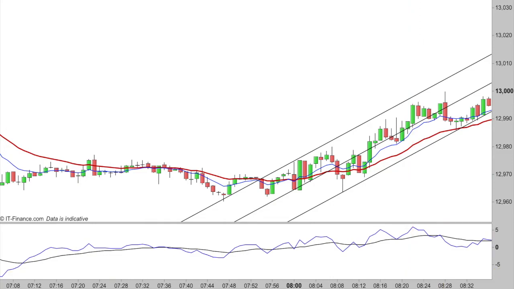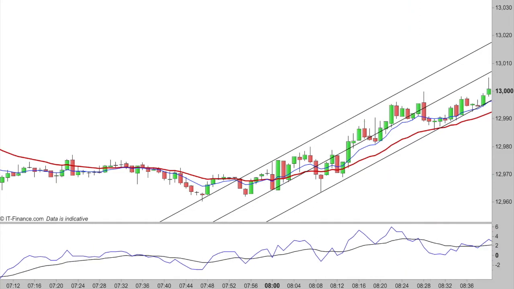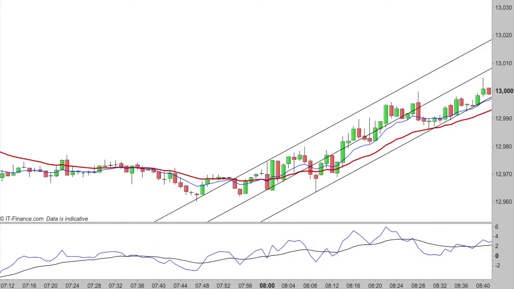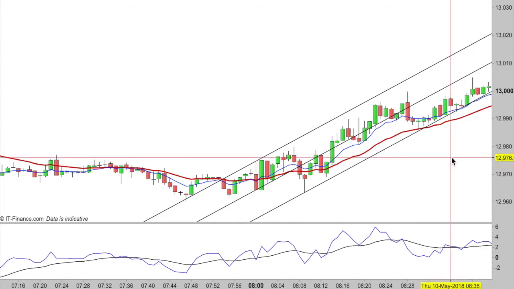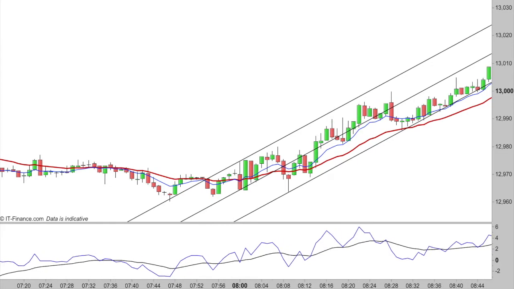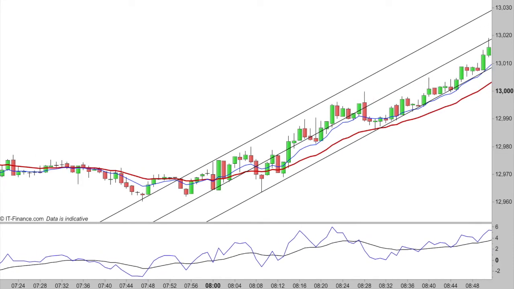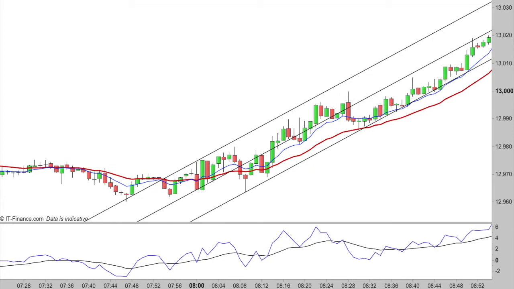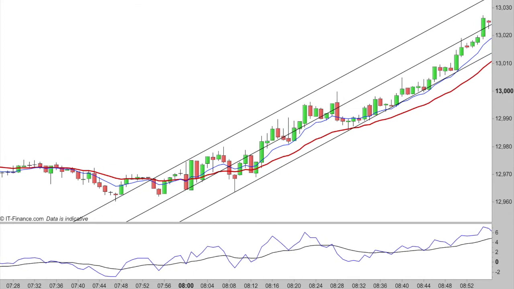So tentatively we'll leave the lines drawn in like that. You can see that price is moving along the lower half of our value channel, if you like. Price is pushing upwards gradually. It's now above the 13,000 level, and the market's pushing up, still within our value channel as the prices continue to move upwards.